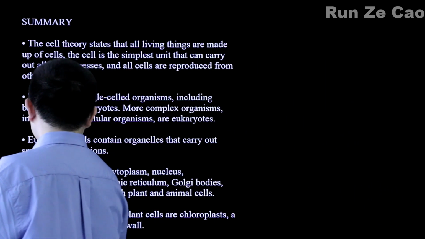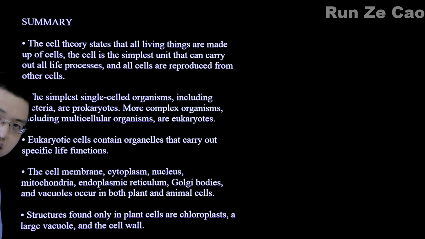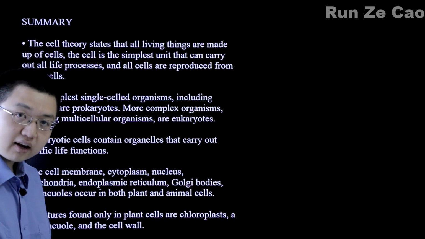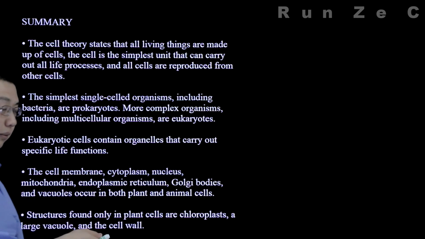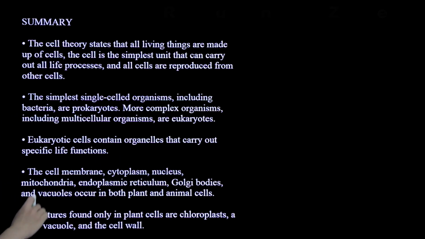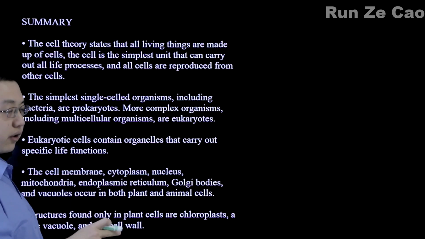Now, the simplest single-celled organisms, including bacteria, are prokaryotes. Calling them simple, though, is a little bit of a misnomer, given that life in general is actually quite complicated. So, comparatively simple organisms is probably a better term. More complex organisms, including multicellular ones, are eukaryotes.